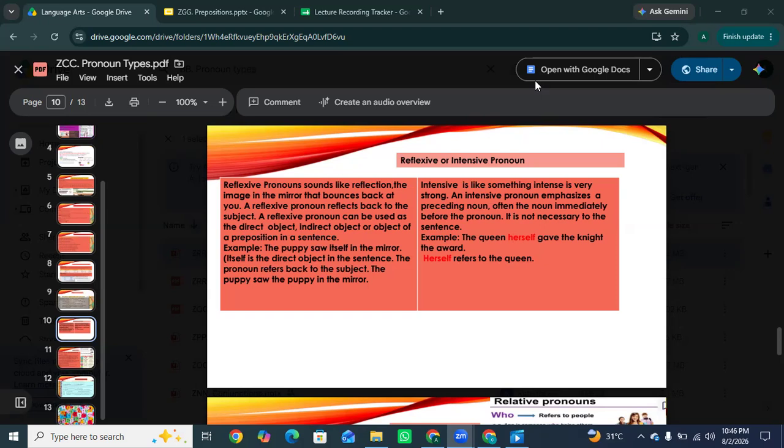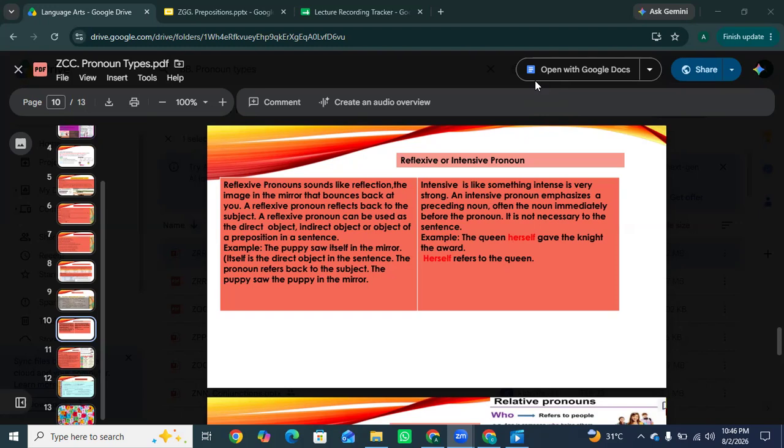A reflexive pronoun is necessary to complete the sentence, meaning if you remove it, the sentence becomes incomplete or loses its intended meaning.